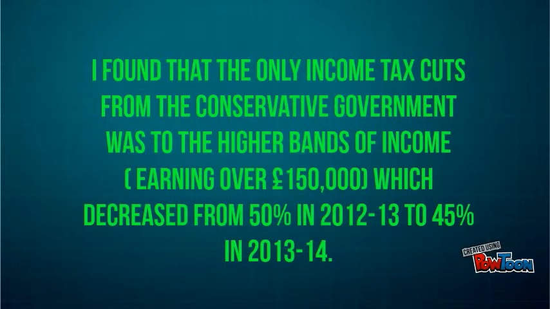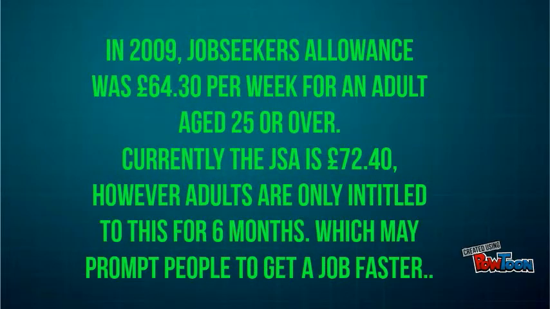I found that there was only income tax cuts for people with higher bands of income, which decreased 5% in 2013. Jobseeker's allowance has gone up, however, it is only entitled to them for 6 months, unlike in 2000 in the Labour government.